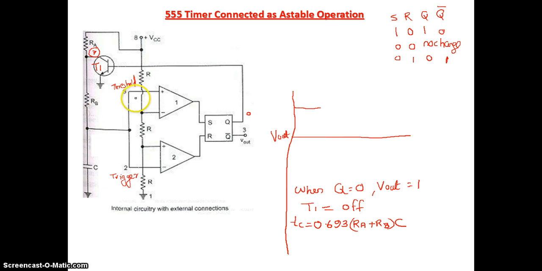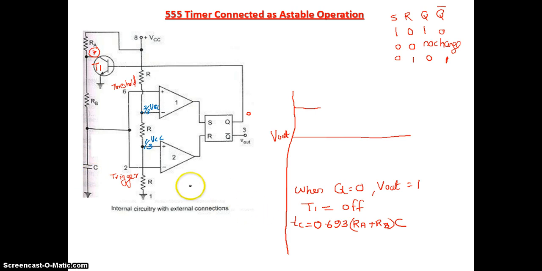Now look here, as I told you earlier, the voltage at this point will be equal to 2 by 3 VCC, that is the inverting terminal of your comparator. Here the voltage will be equal to 1 by 3 VCC, that will be the reference voltage of your other comparator.